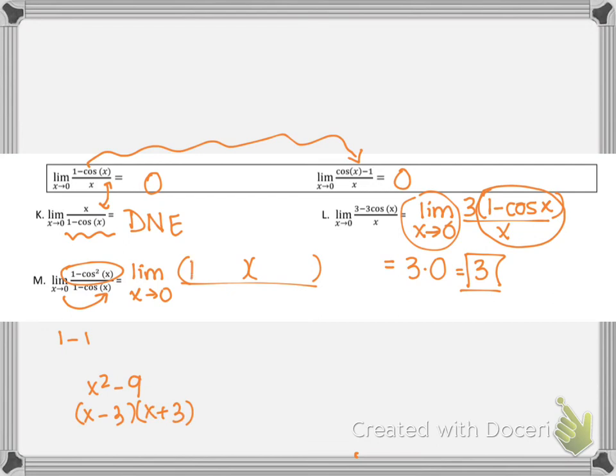Well, we would have 1 minus cosine x, 1 plus cosine x. The denominator stays the same. Okay, we cancel out the 1 minus cosine x. And now we can just plug in a 0 here for x. Cosine of 0 is 1. So we're left with 1 plus 1, and so our limit is going to equal 2.